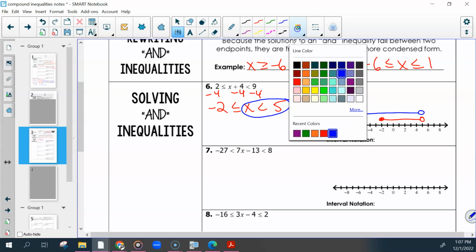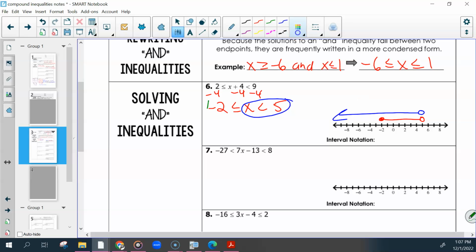Then look at the other piece of it, but read it backwards. X is greater than or equal to negative 2. And you can see that overlap happen. The arrows piece is not necessary. This piece with the endpoint is. And then what would our interval notation be?